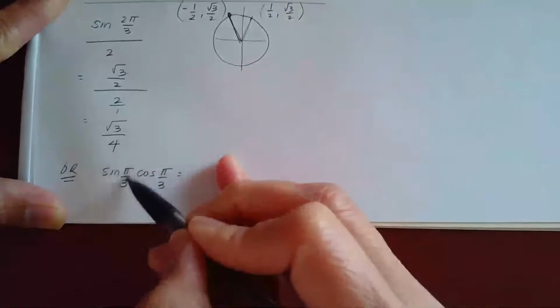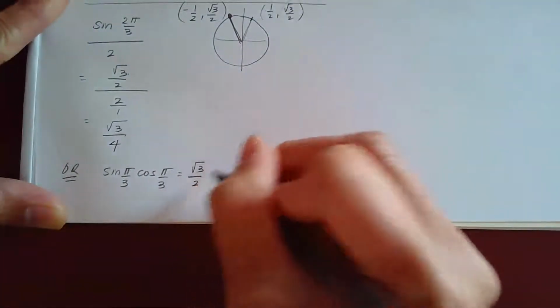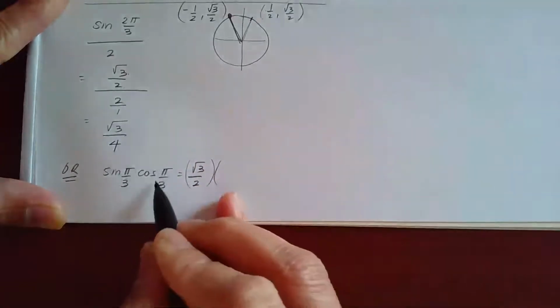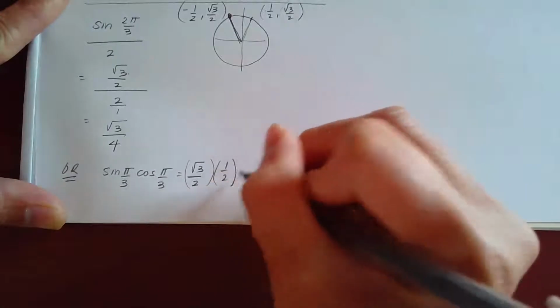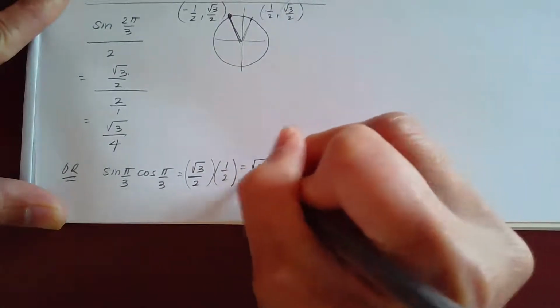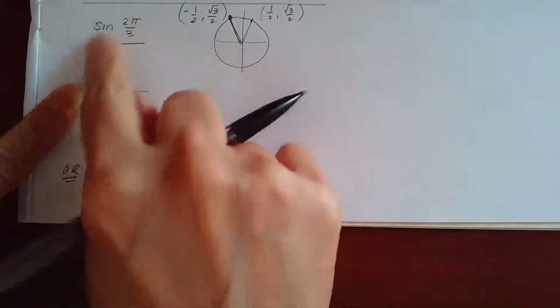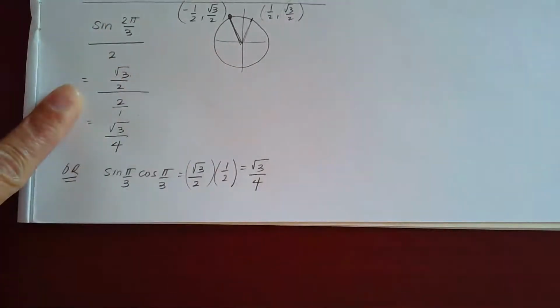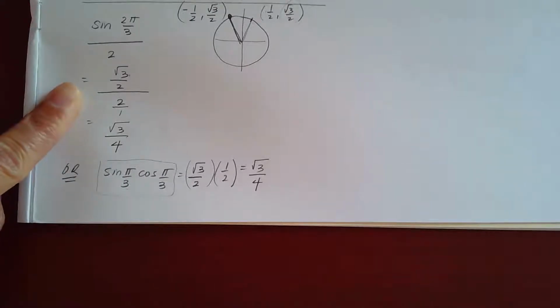So if we go sine of pi by 3, which is root 3 over 2, times cosine of pi by 3, which is 1/2, the same thing as root 3 over 4. So we can use our simplified single term trig ratio, or we can just calculate it from here. Either one works well.